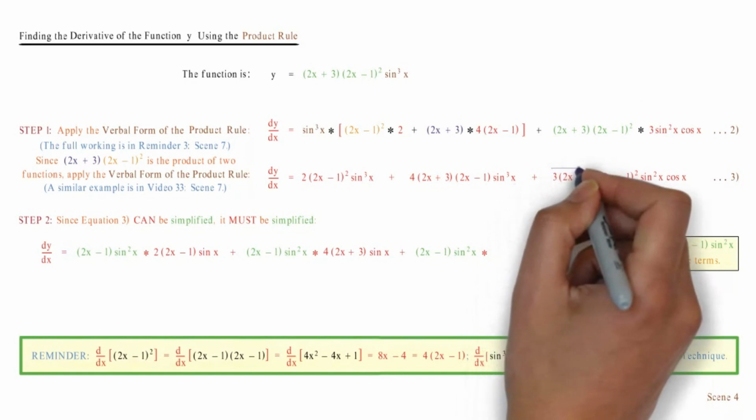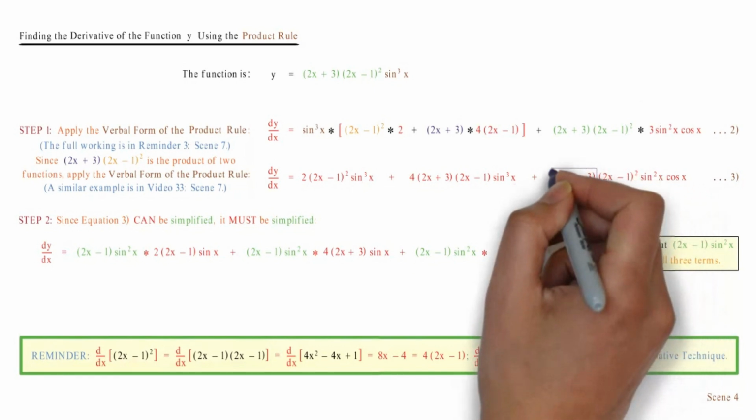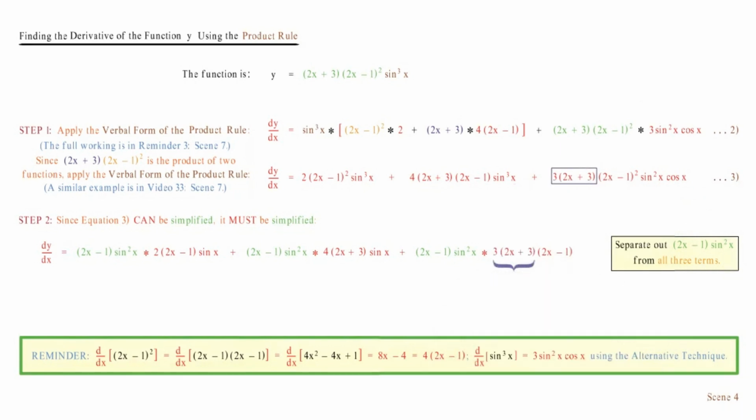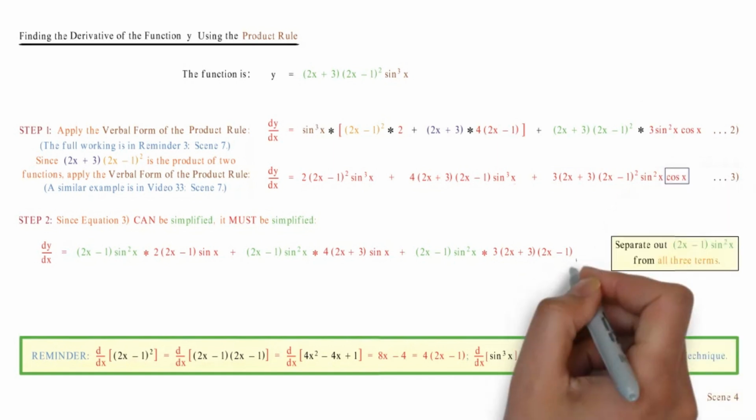Bring 3 times 2x plus 3 down. Bring cos of x down.